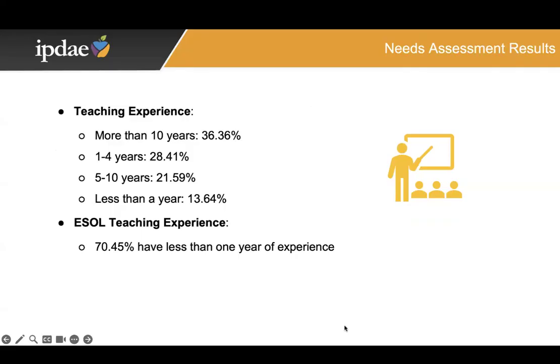This was very interesting with ESOL teaching experience specifically. 70.45% have less than 1 year of experience. So this really points to the need of professional development, specifically within ESOL for adult educators in corrections.